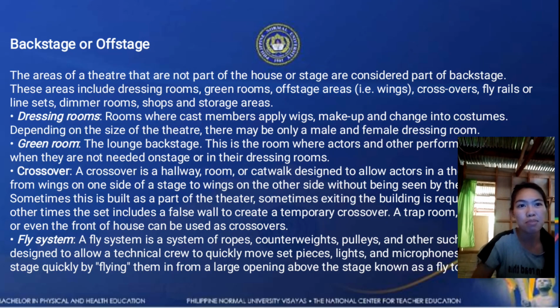Now, what is backstage? Backstage areas are the areas of a theater that are not part of the house or stage. These areas include dressing rooms, green rooms, offstage areas or the wings, crossovers, the fly rails or the line sets, dimmer rooms, shops, and the storage room.